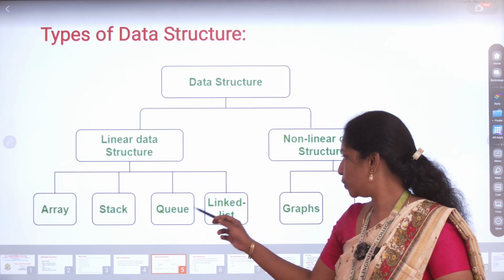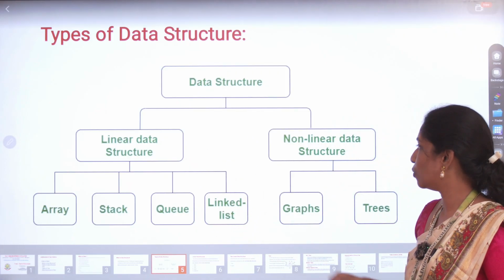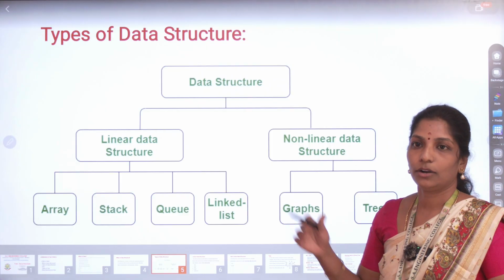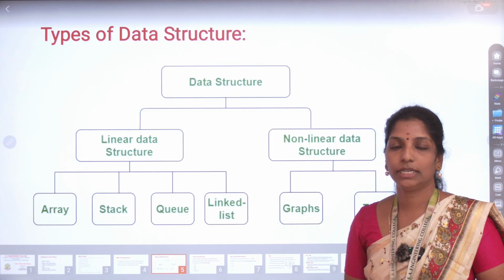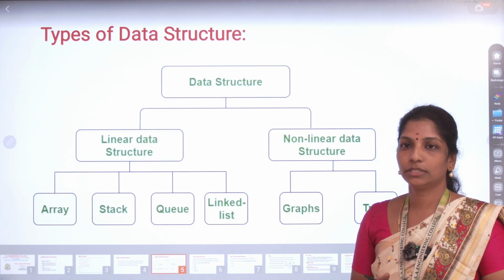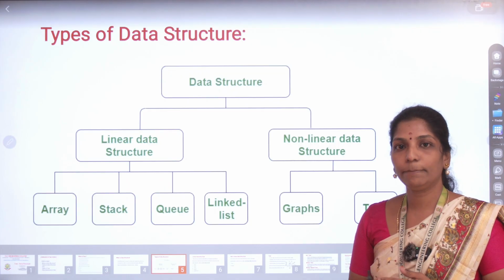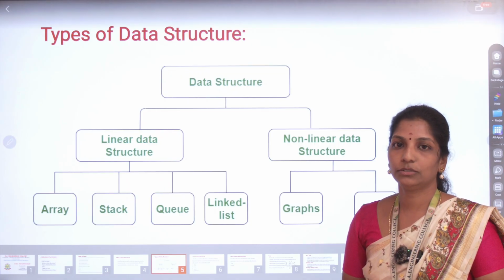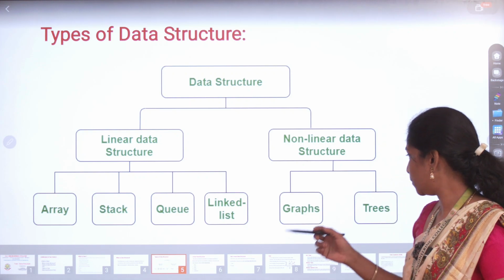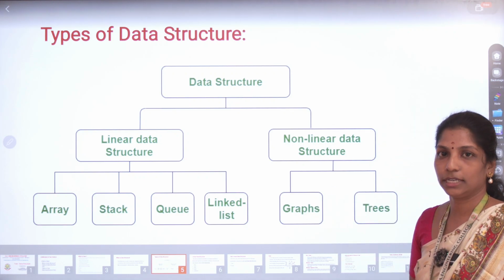Array, stack, queue, and linked list all come under linear data structure. Whereas in non-linear data structure, the opposite of linear, the data is not arranged in a proper way. In other words, the data does not follow any pattern or sequence. Here we have graphs and trees. These all come under non-linear data structure.